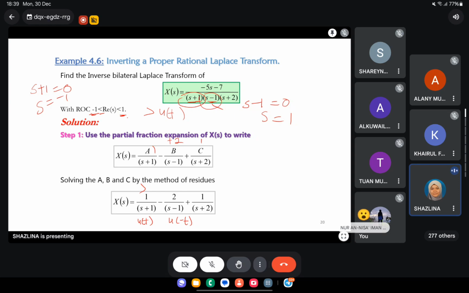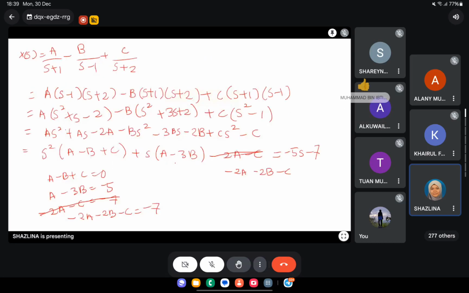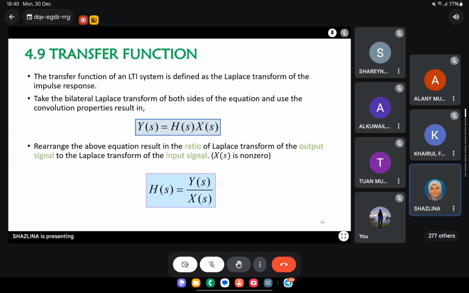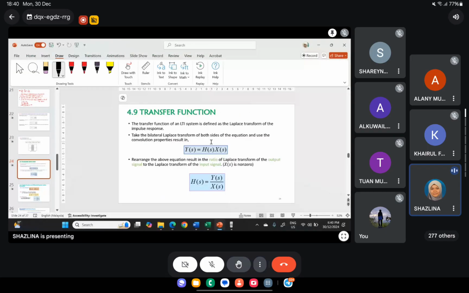So you know it's only these two terms lah, s plus 1 and s minus 1. s plus 2 is not given, so if it's not given, we always assume it's positive lah, u(t). Okay? We will do a lot of questions regarding that. So don't worry.